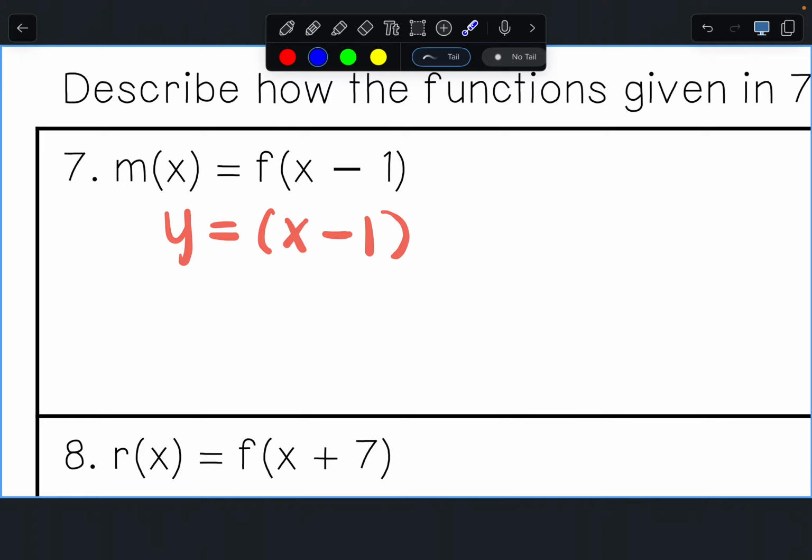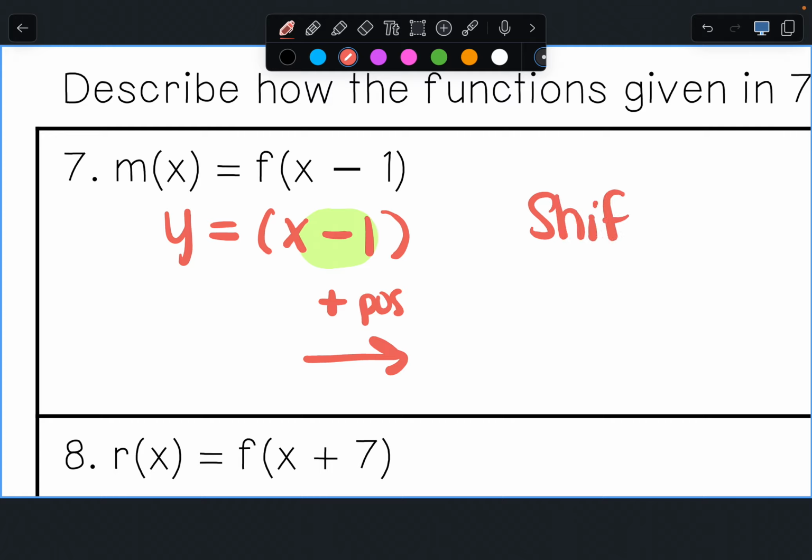Now, because it stayed as a minus sign, what kind of 1 was plugged in? Positive. And a positive 1 is going to move to the right. So this one shifts to the right 1 unit.